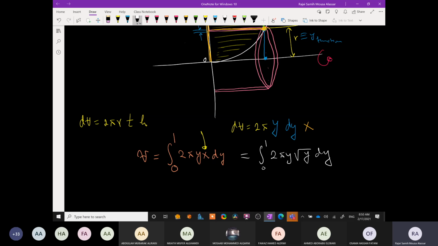And we are done. It's as simple as that. You get 4 pi over 5. I will not do the integration, this is not the objective of this session. Does that make sense to you?